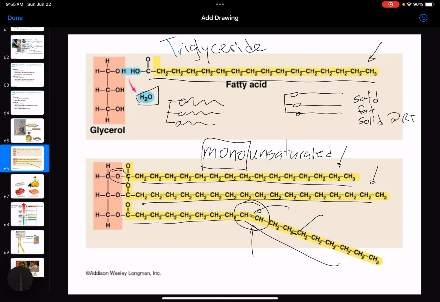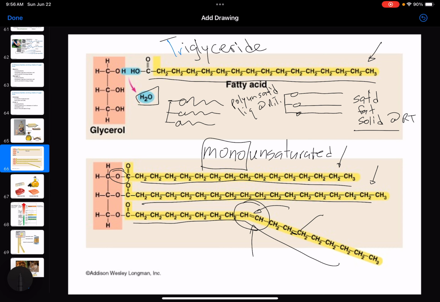This would be polyunsaturated because it's got a lot of different turns. So this is polyunsaturated fat. It would definitely be liquid at room temperature, and it's way healthier for you versus this.